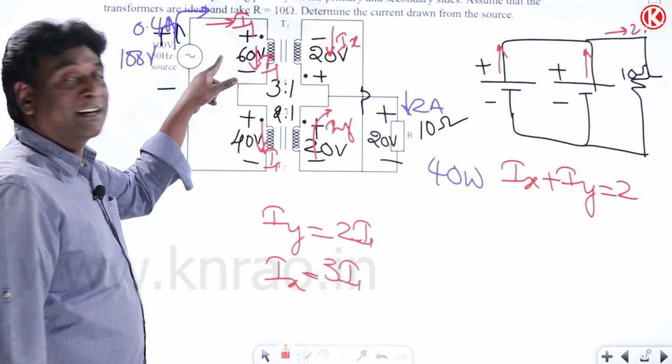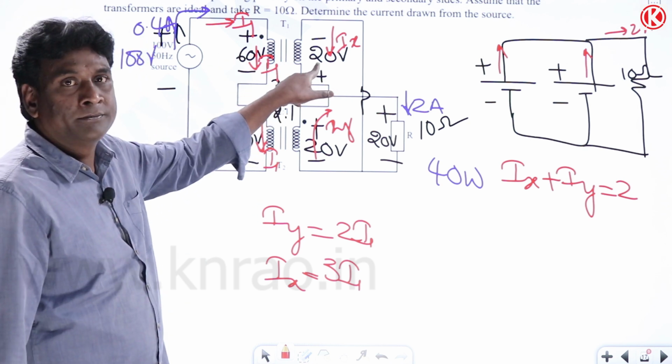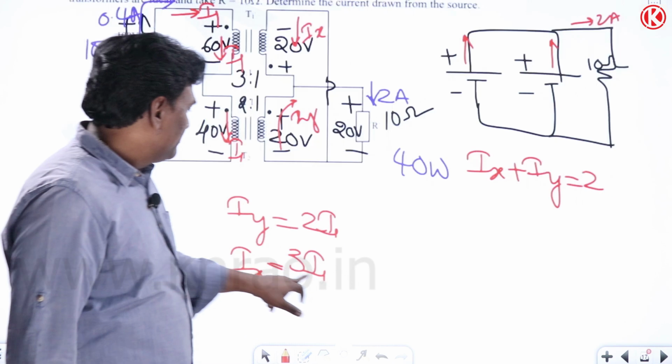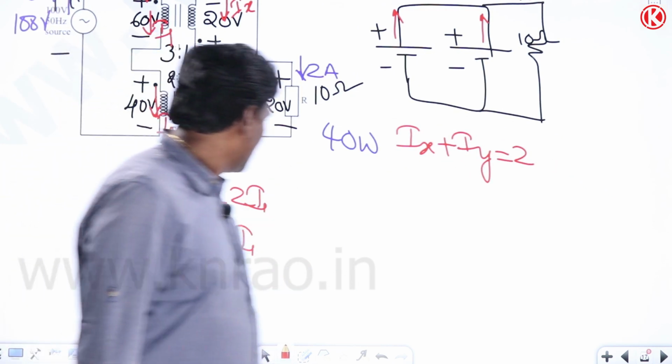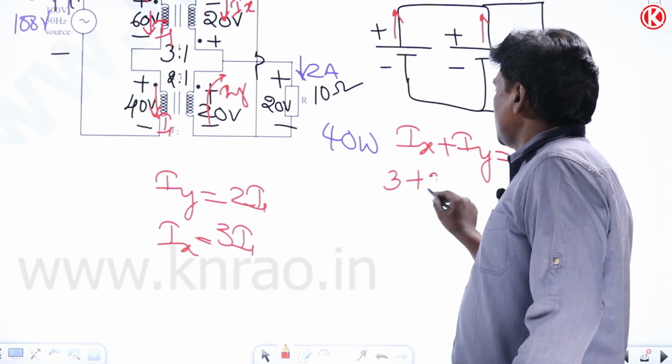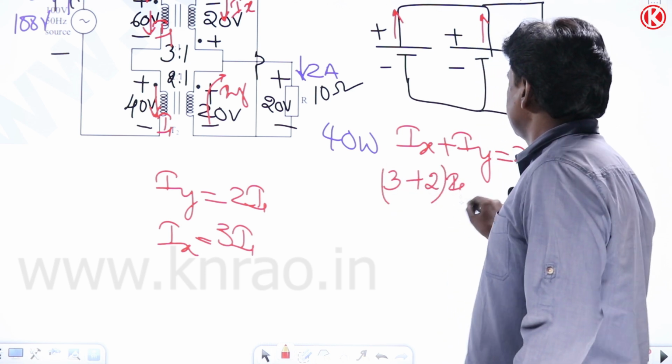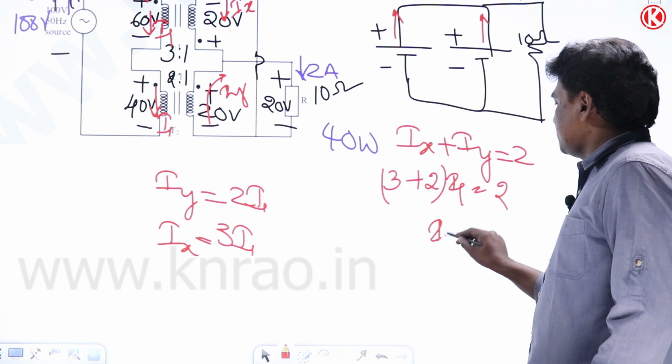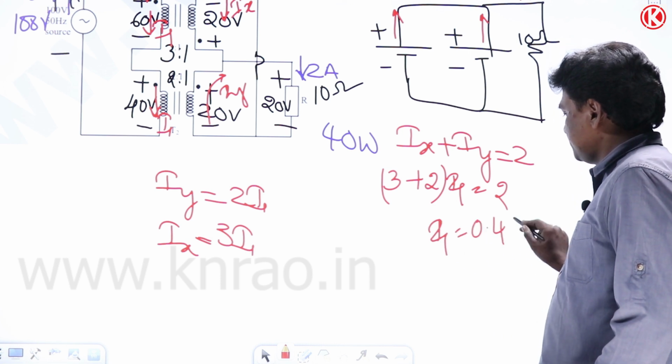Okay, because here current should be less, here current should be more. Now see here, Ix plus Iy equal to 2. How much is Ix? 3I1 plus 2I1 equal to 2, or I1 equal to 0.4.